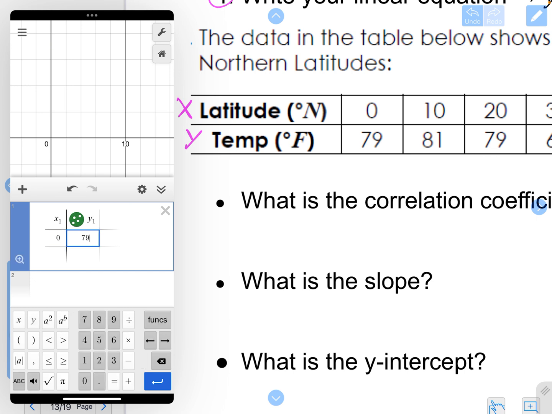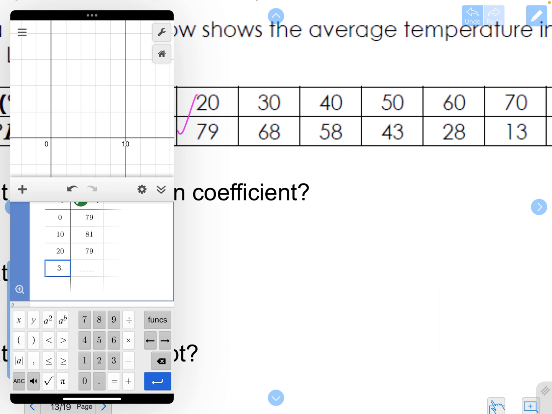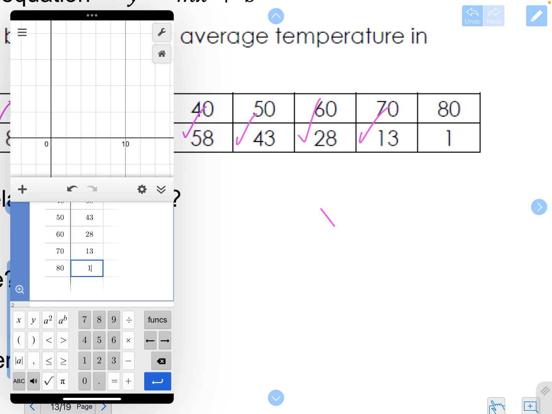0, 79, check. 10, 81, 20, 79, 30, 68, 40, 58, 50, 43, 60, 28, 70, 13, and 80, and 1.